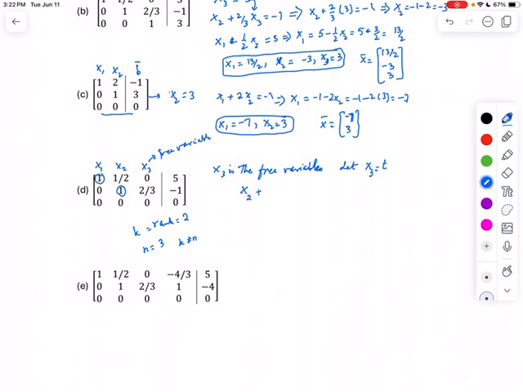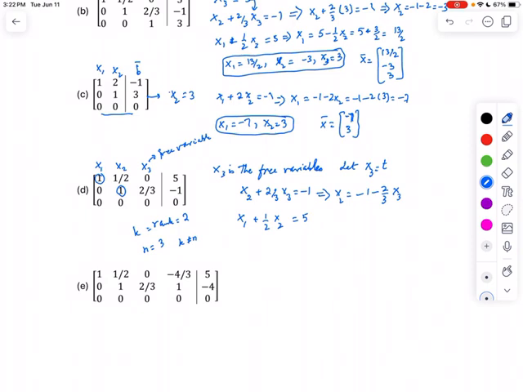So then from the second equation you can write x2 plus 2 over 3 x3 is equal to -1, or x2 is equal to -1 minus 2 over 3 x3, and then from the first equation you can write x1 plus 1/2 x2 is equal to 5.